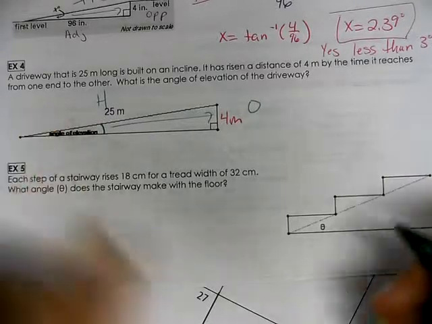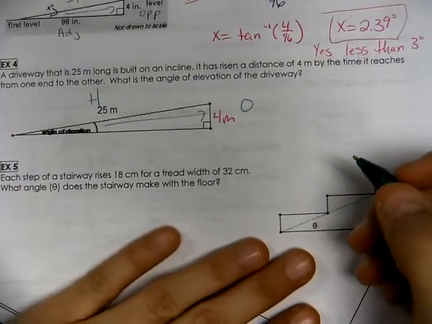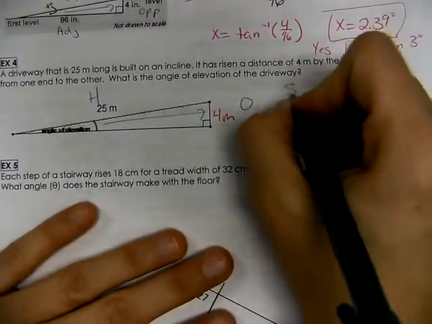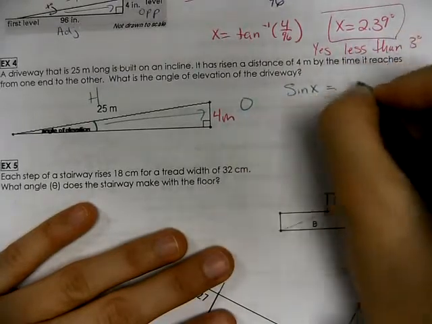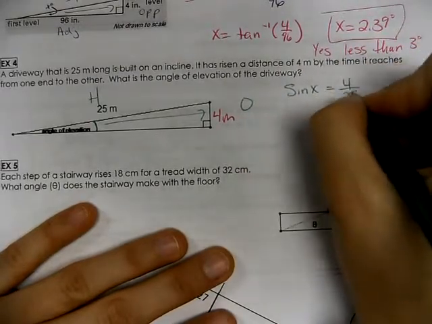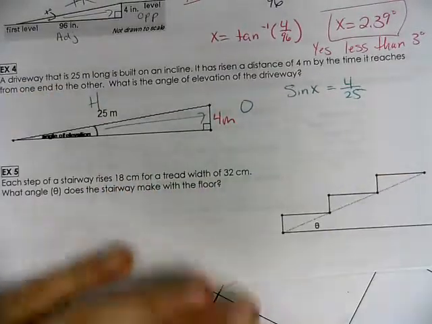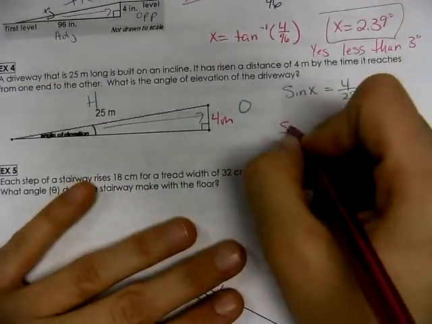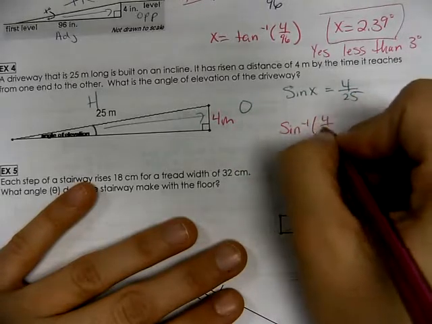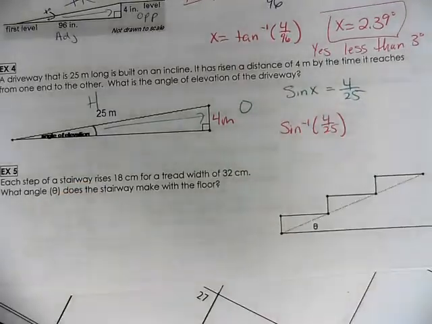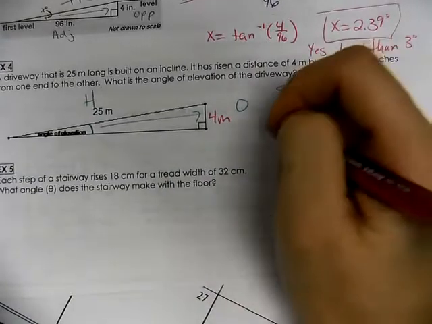I got to use sine. But if you don't want to write it out, I'll write it out. You would say sine x equals 4 over 25. That's opposite over hypotenuse. Or you can write it as inverse sine 4/25. That's what x equals.